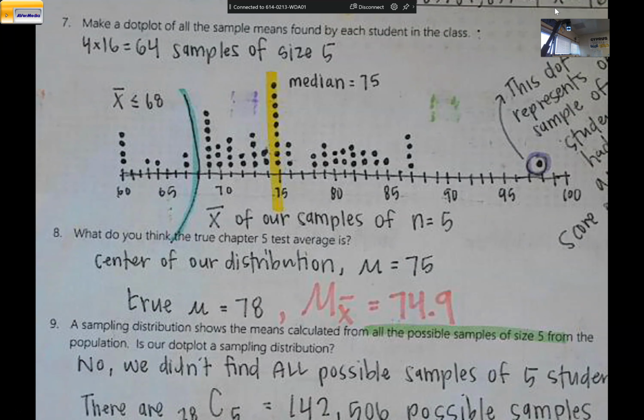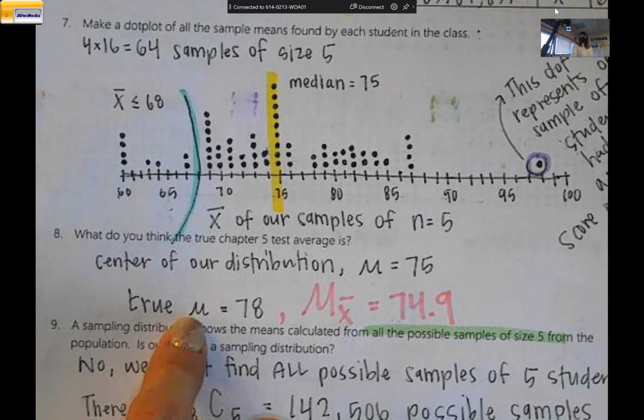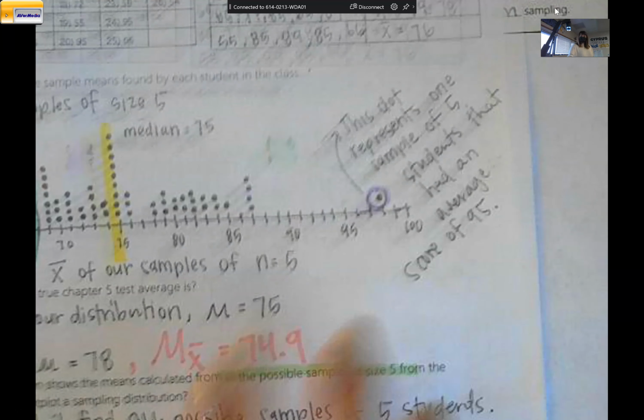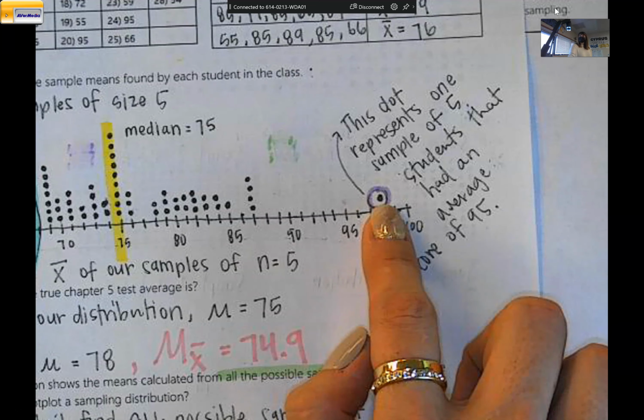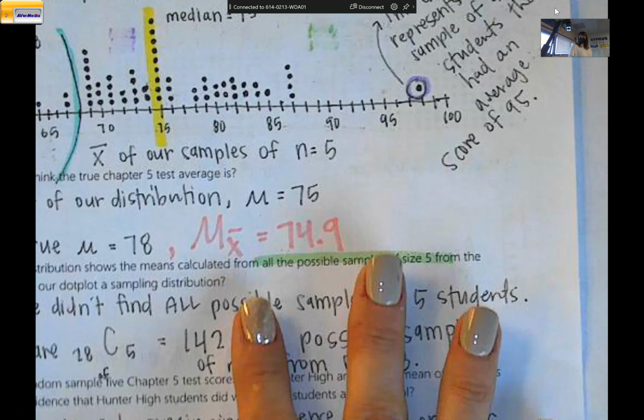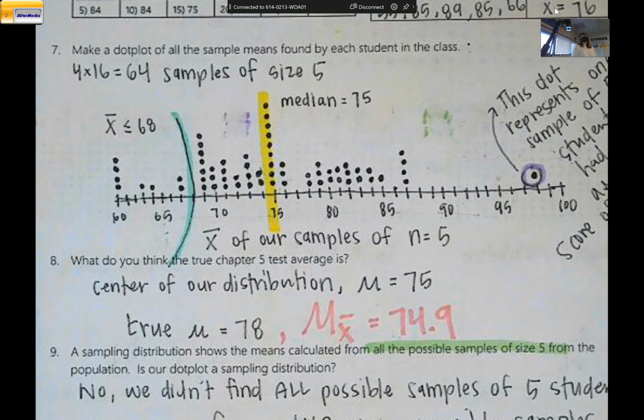So I'm going to explain that one more time. This is the true test average, 78. This is one sample of 5 kids who had an average of 95. This is the average of all of our samples.